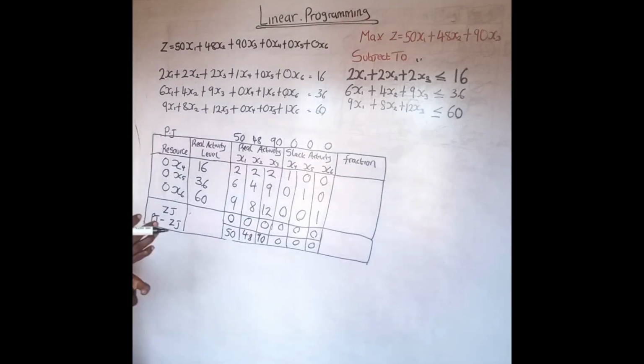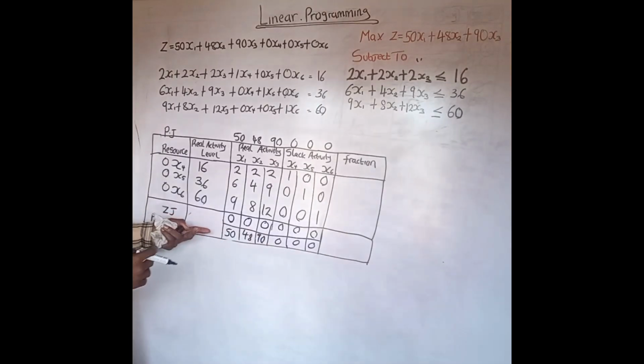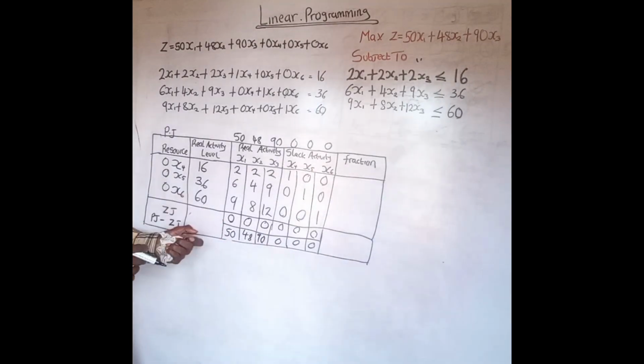In order to get my key column, if you look at the values, the column to which the highest value of my pj minus zj belongs will be my key column.